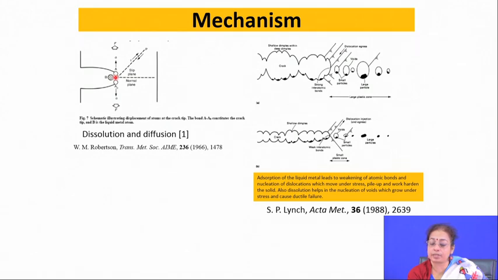Another mechanism is adsorption of the liquid metal at the crack tip, nucleation of dislocations, and then pile up and work hardening; all these phenomena are observed. Here in this case there is no liquid metal, whereas the other case is liquid metal assisted degradation.